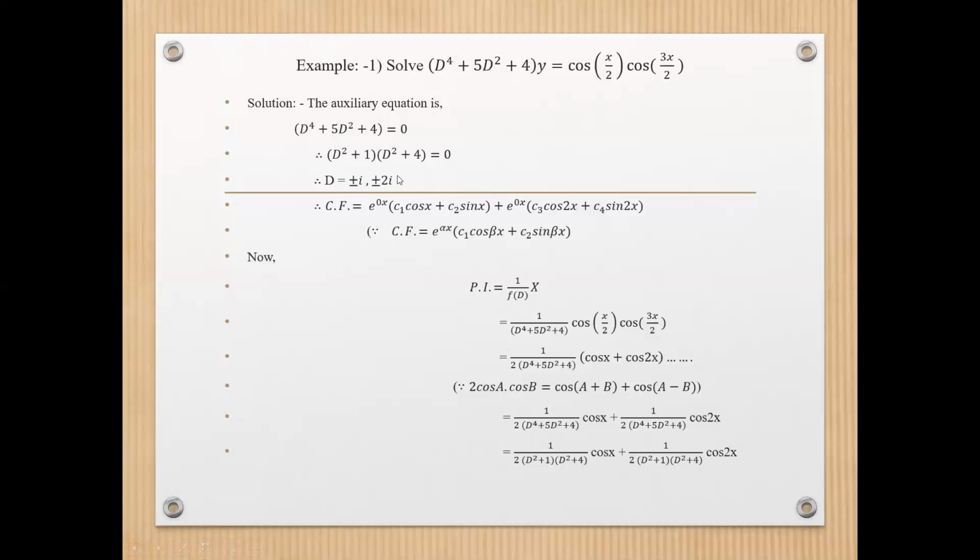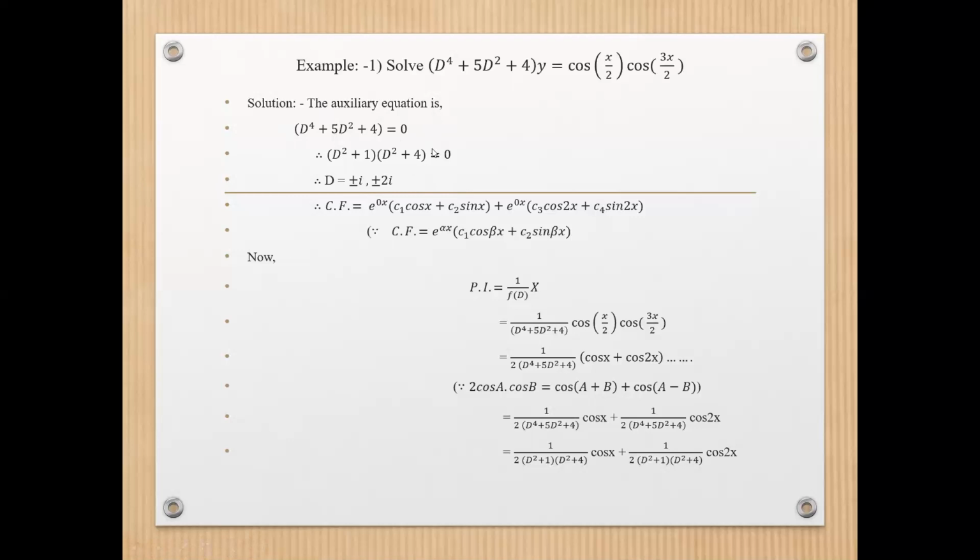And from D square plus 4 equal to 0, D square is equal to minus 4, which can be written as 4i square. So D is equal to plus minus 2i. So the roots of the auxiliary equation are plus minus i and plus minus 2i. Now both the roots are complex and both the roots are distinct.